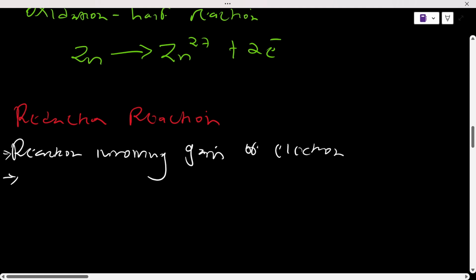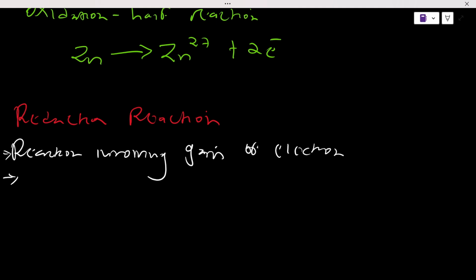That's the first definition. The second is also gain of electrons.